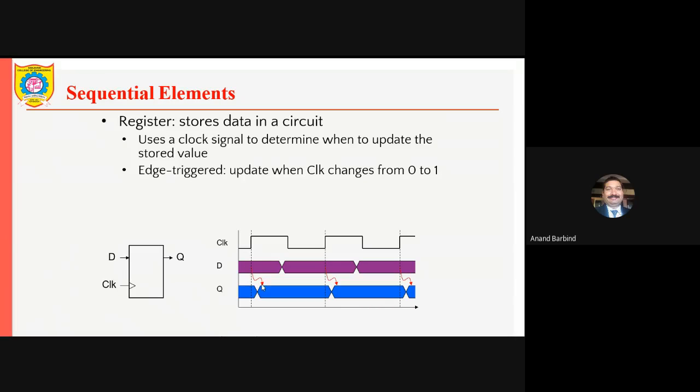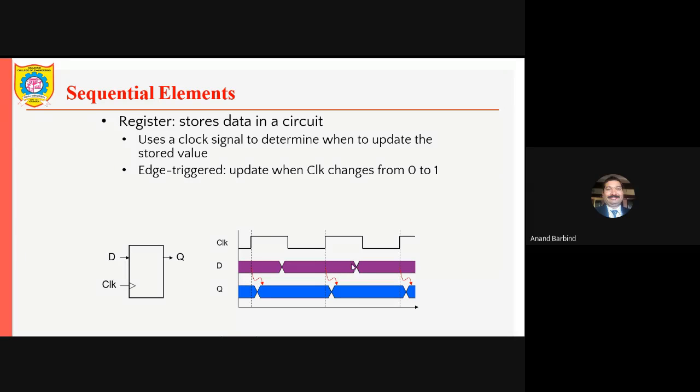If D is changing here at this time, then immediately it is not reflected in the output. When the next positive edge comes, then at that time the Q output will respond to the change in the input.